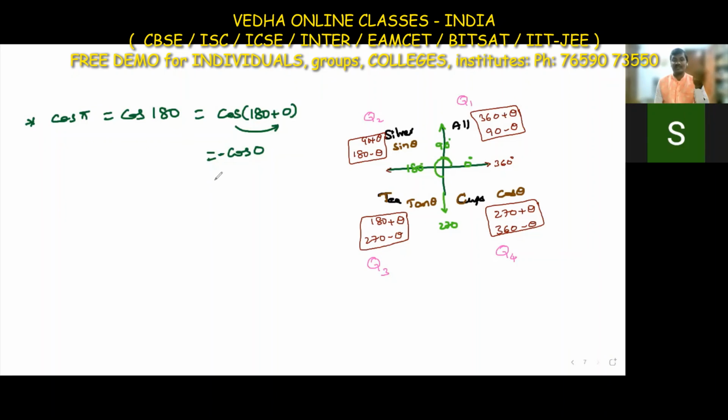Cos 0 value is 1, so minus 1 is the cos 180 value. Cos pi, or cos 180, is minus 1.